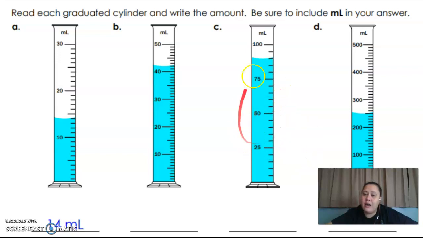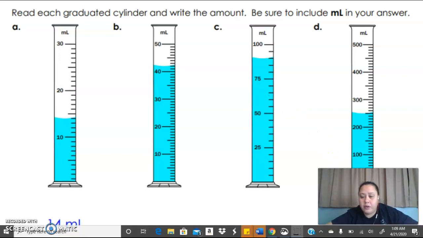So this one is counting by 5s. Now that we know that, we can find our closest point before going to the water, which is 75. And from that point, we will count by 5s. 75, 80, 85, 90. So this graduated cylinder is 90 milliliters.